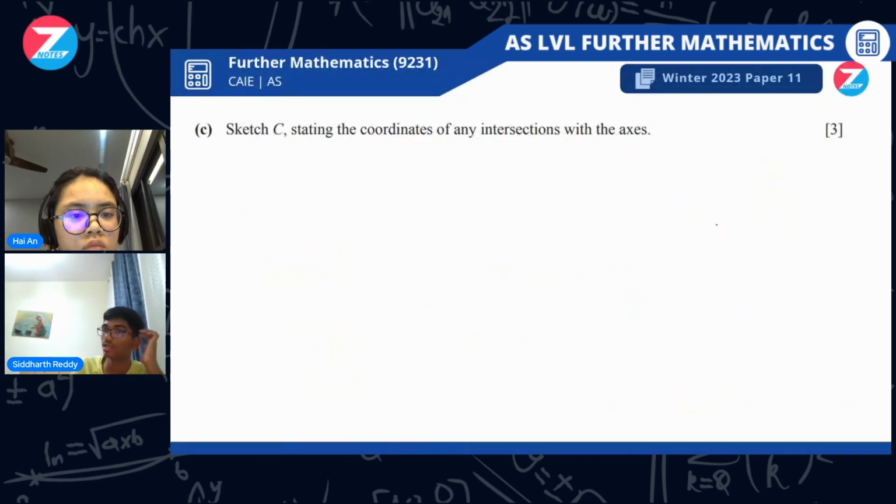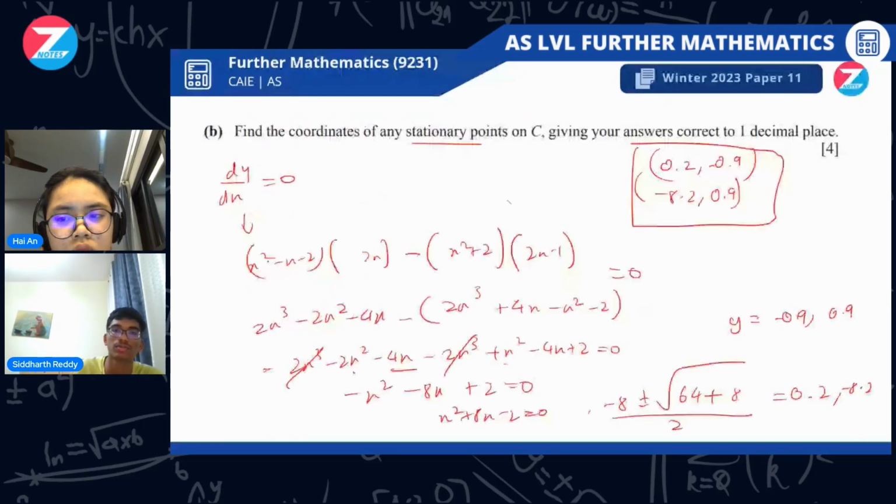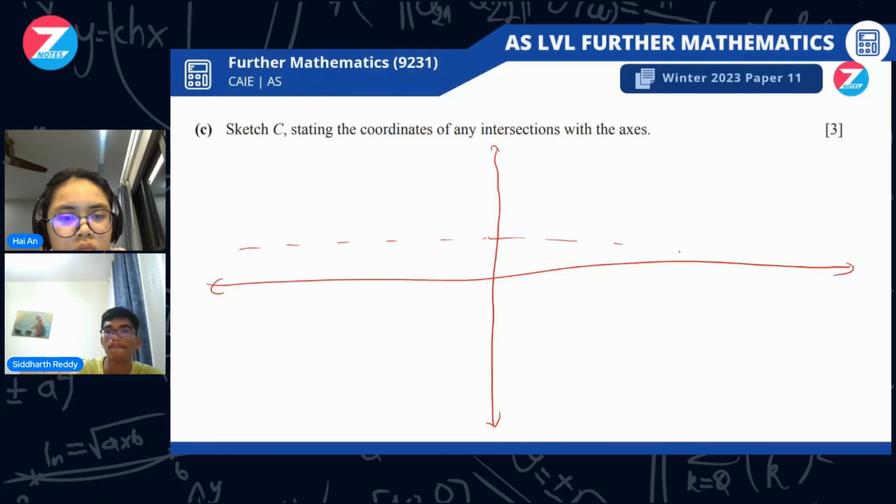Now sketch C, stating the coordinates of any intersections with the axes. We know the asymptote y is equal to 1, somewhere over here, and x is equal to 2 and x is equal to minus 1.